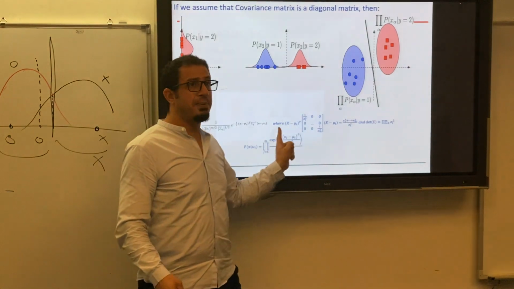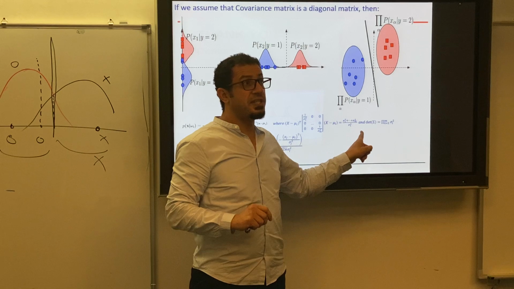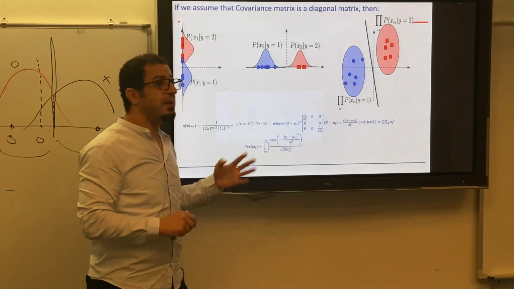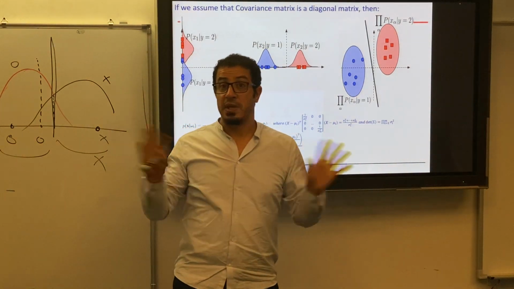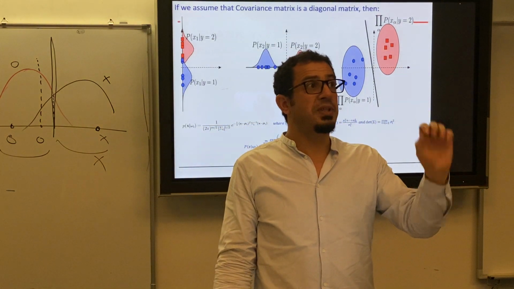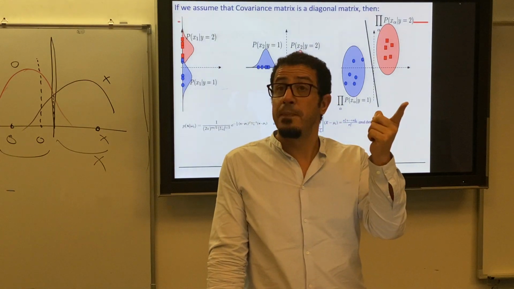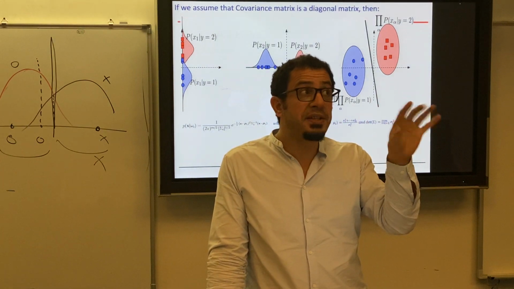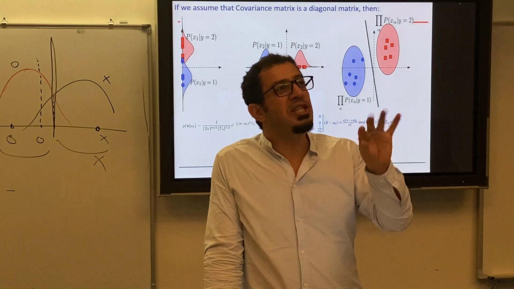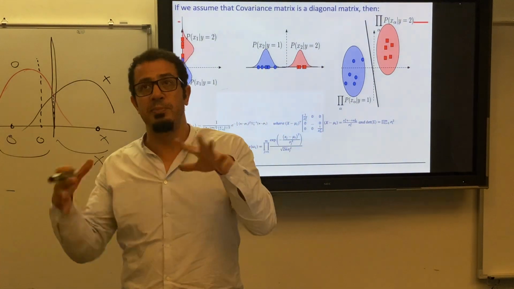If you do this multiplication of the Mahalanobis distance, it becomes a summation, and the summation in the exponent becomes a product. As simple as that. So if you want to find out if the variables are independent or not, we need to see if the covariance matrix is diagonal. It is not correct to say independent, but they say they are not correlated, to be more accurate.